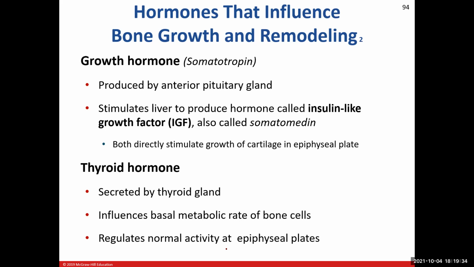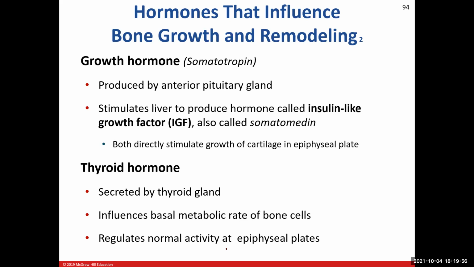Now both insulin-like growth factor and growth hormone are going to affect the epiphyseal plate in our bones, and they'll stimulate the growth of cartilage. Because once you stimulate the growth of cartilage, the rest is like a cascade. The rest will fall into place.